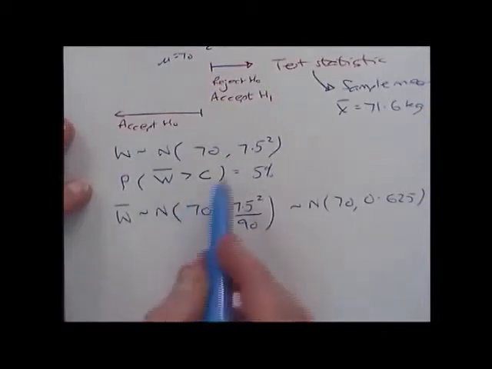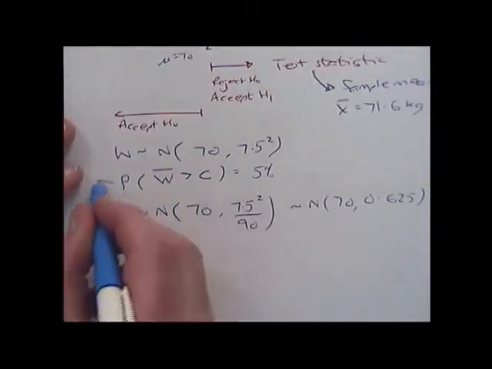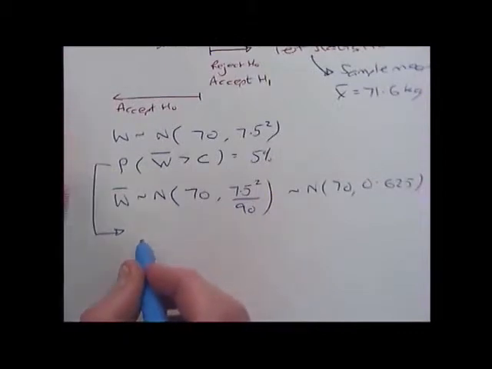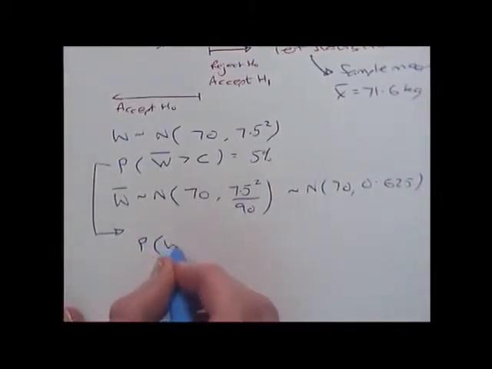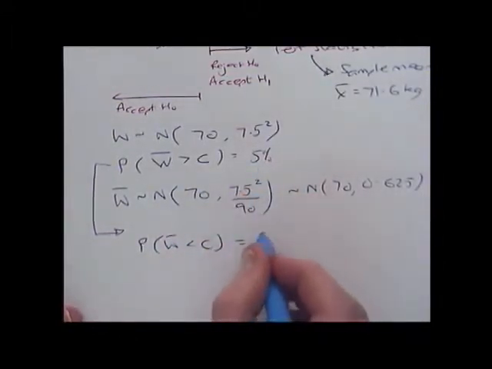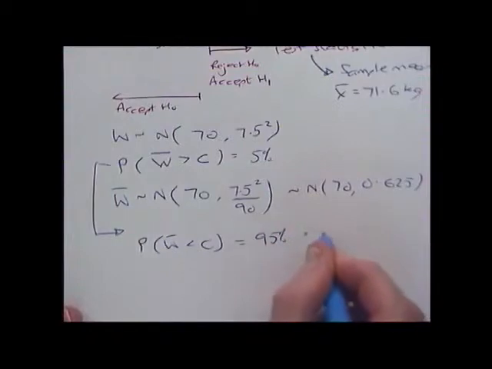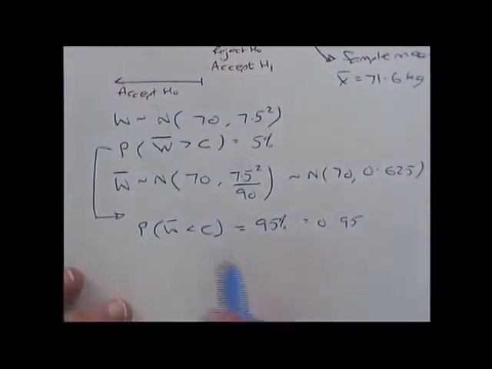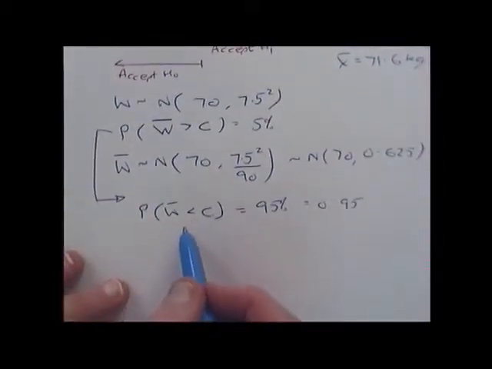Going back to this line here though, I don't like greater than. What can I do to that line to make it more user friendly? Yeah, if I change that into a less than and change this into a 1 minus to get my 95%, or my 0.95, so what do I normally do after I've turned them into less than?